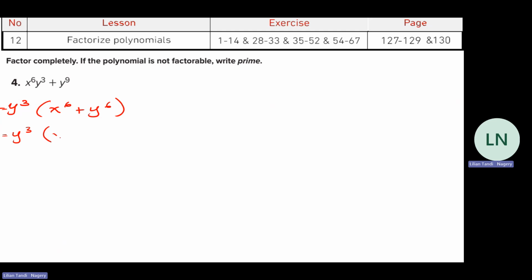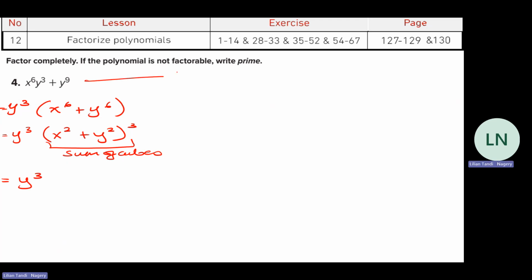So you can say x squared plus y squared. So this becomes sum of cubes. Now you're going to have y cubed.